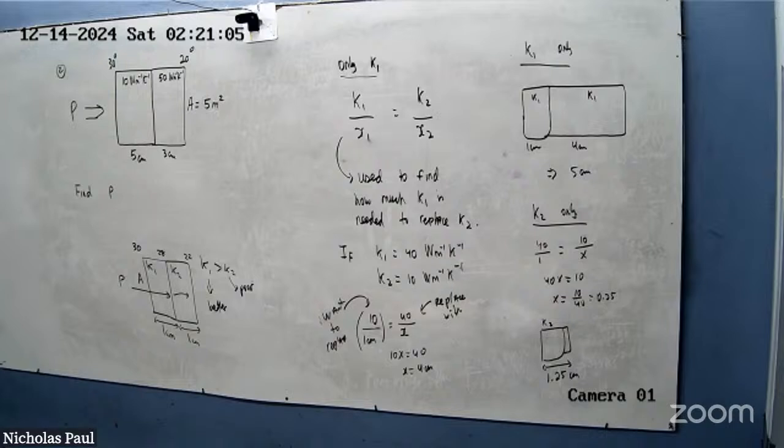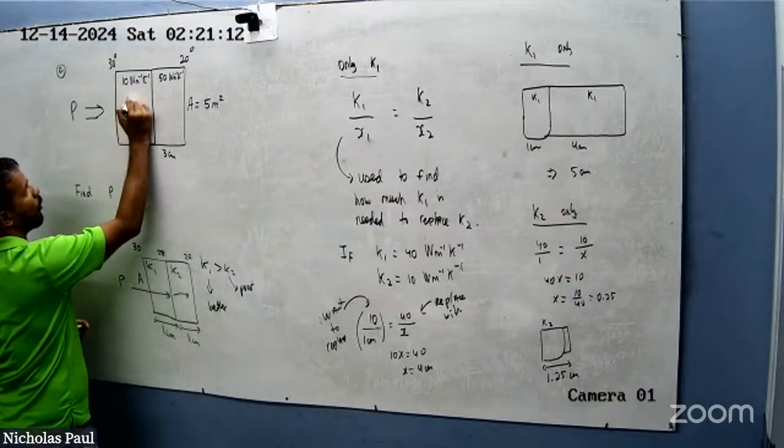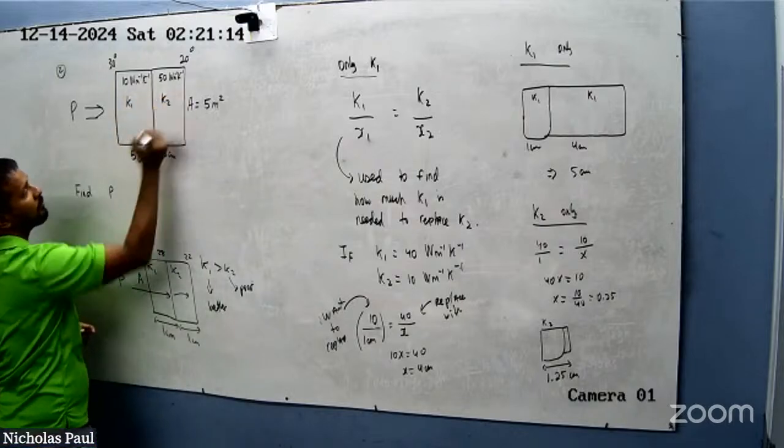You could call here K1. So you could choose all K1 or all K2. Anything you want.